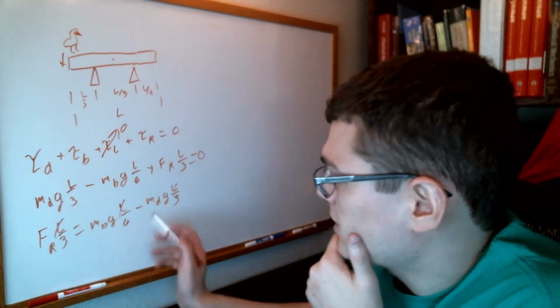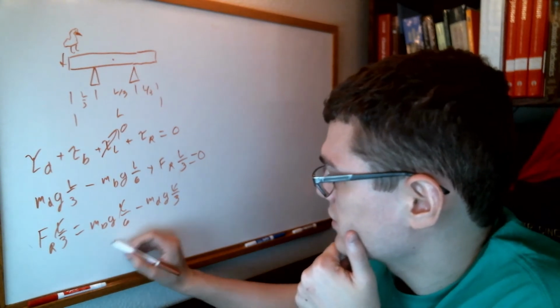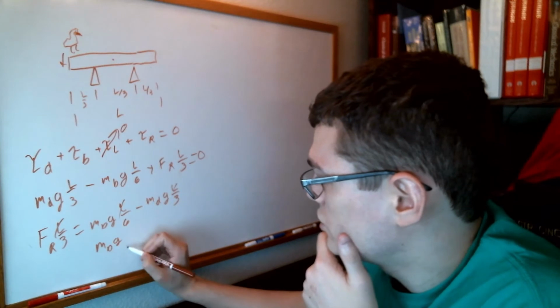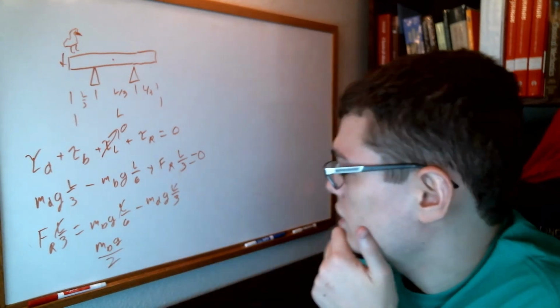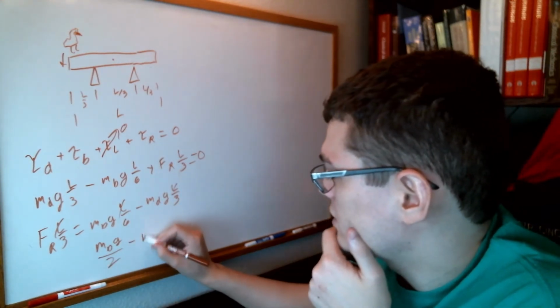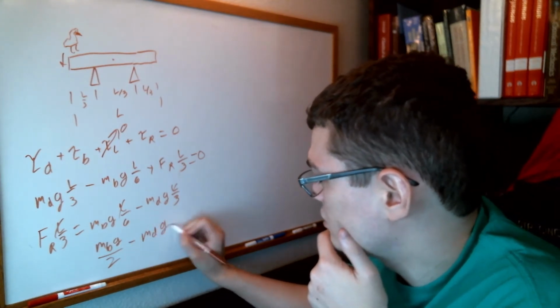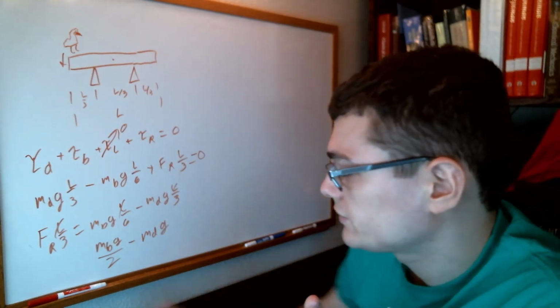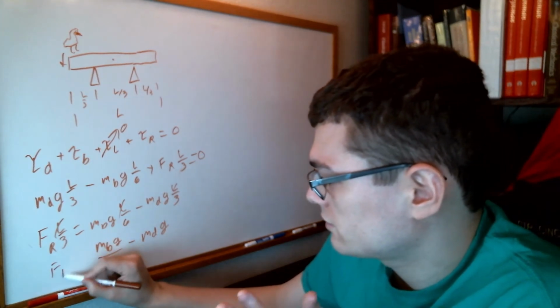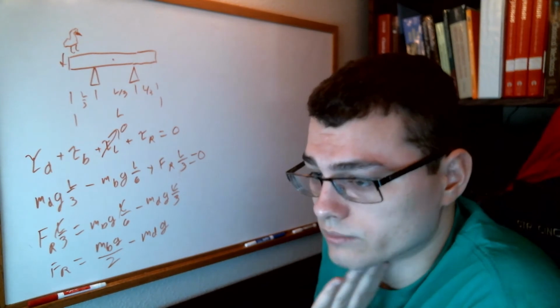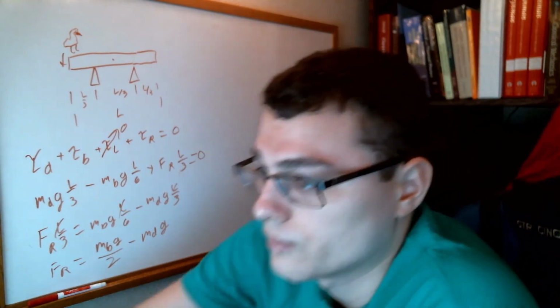And then we can multiply this quantity by 3. So this is going to give us MB G over 2, and then this is going to be minus MD G, and that's it. Yeah, very nice. And this is what they asked for.